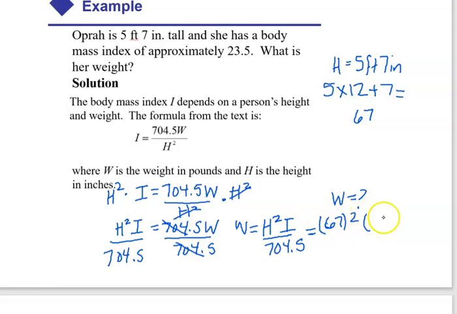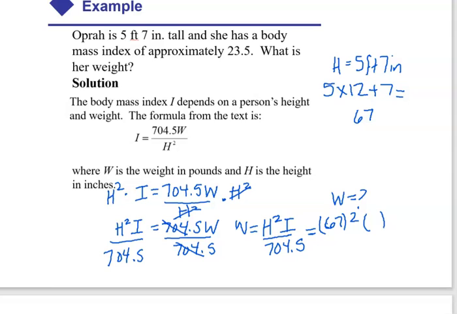So I need to do 67 squared. Then I'm going to plug in a number for I. When I plug things in, I like to put it in parentheses because it ensures that I get the right answer. And I is her body mass index, and they told us up here that her body mass index is 23.5.